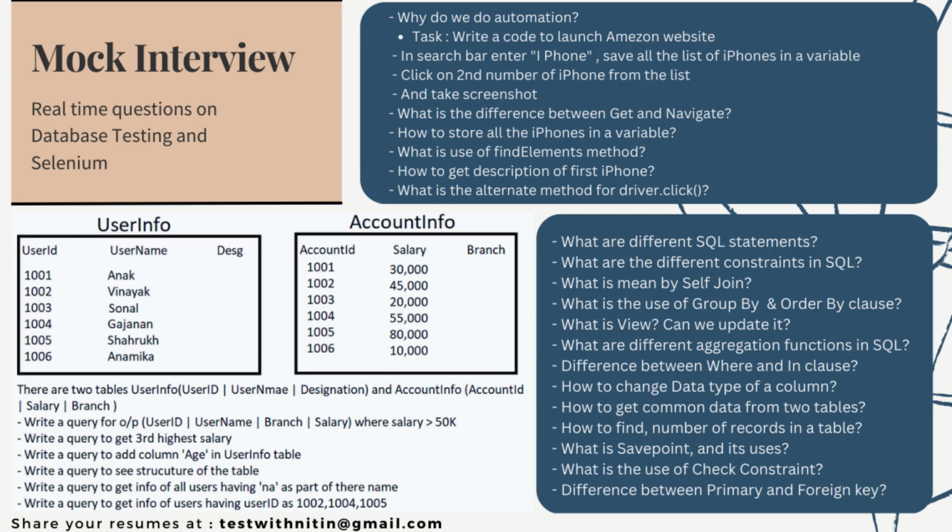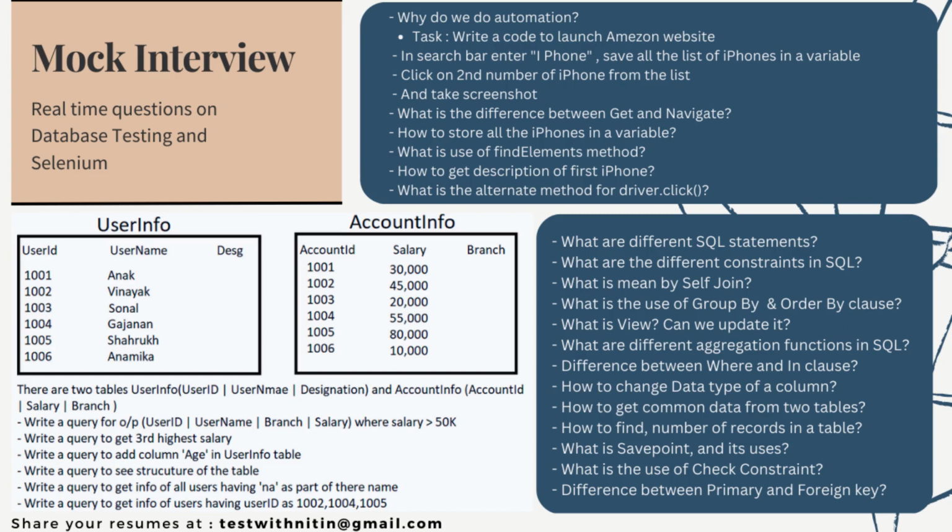Then we need to click on the search button. For that we inspect the search button, give its locator in driver.findElement By.xpath, and at the end use dot click. It will search for the iPhone and give the list of iPhones.